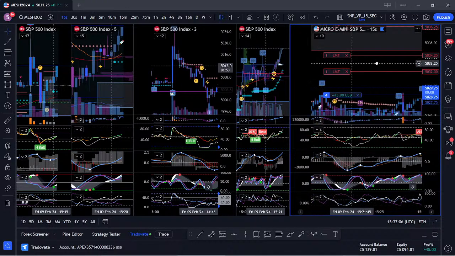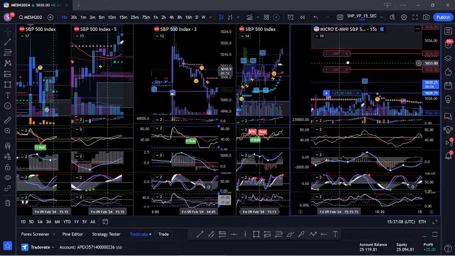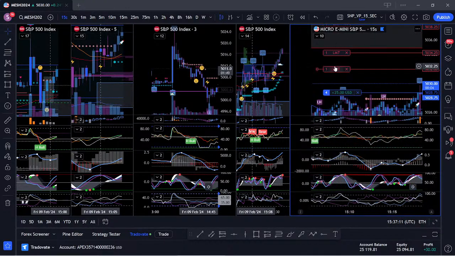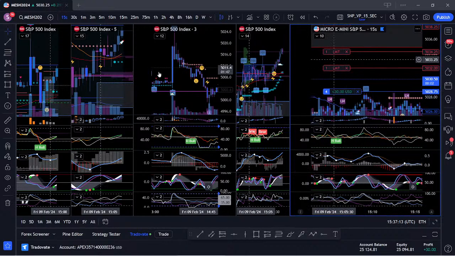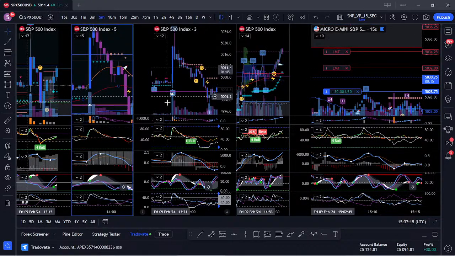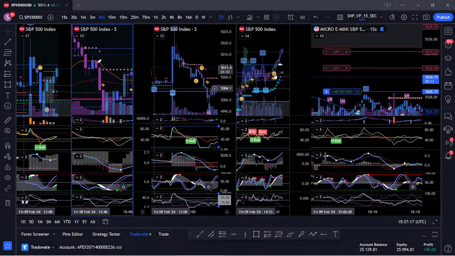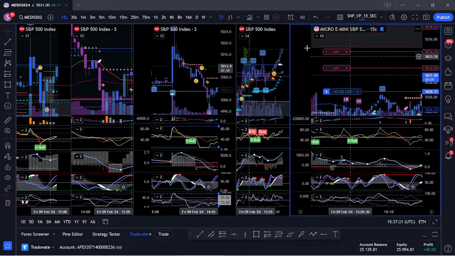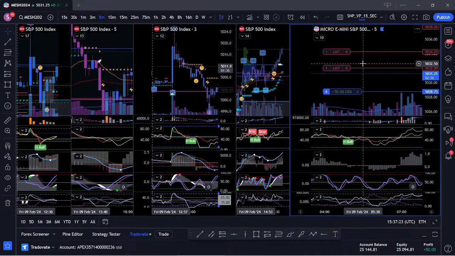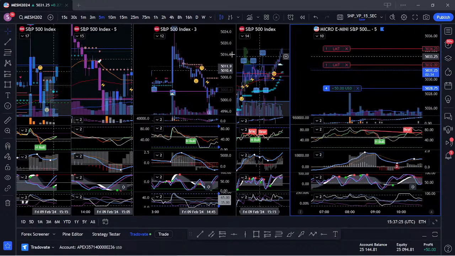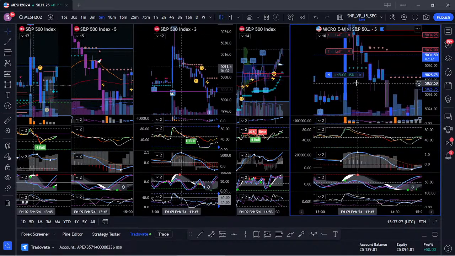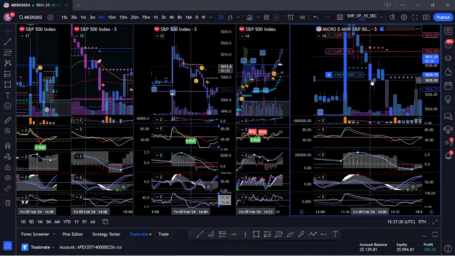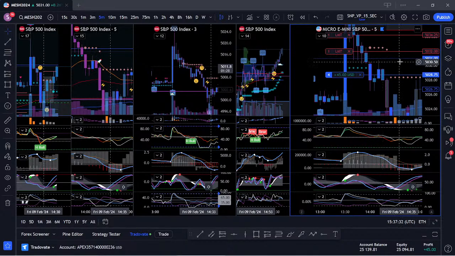So let's see, where is that? Potential on ES. So we go on 5. There.